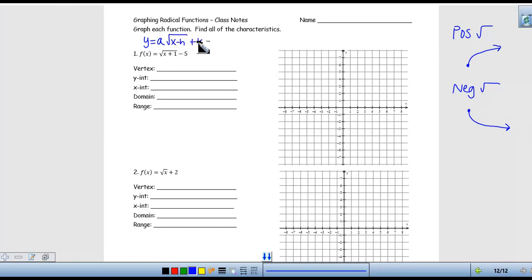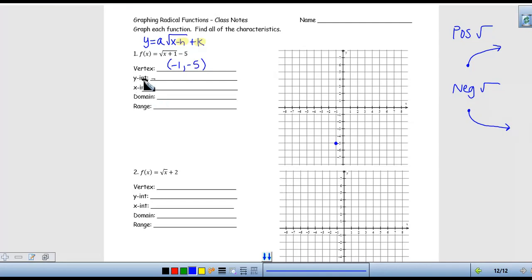The h and the k can be used for identifying the vertex. We will change the sign of the h, but the k will remain the same. So the vertex of this first problem is -1, -5. We'll go ahead and put that on our graph.